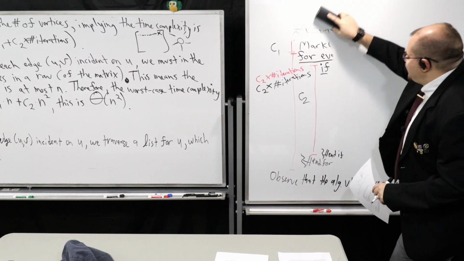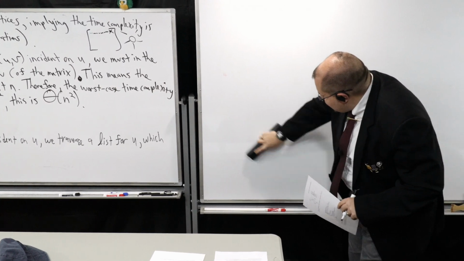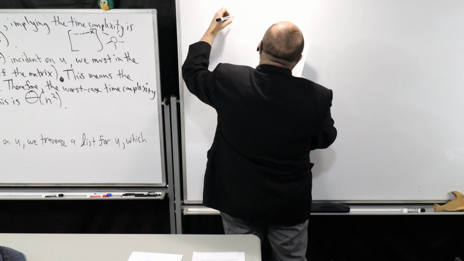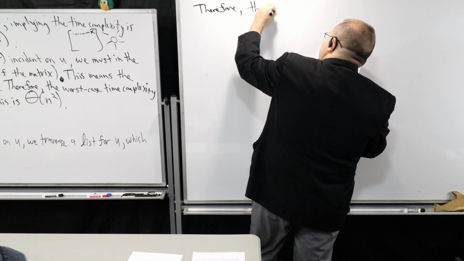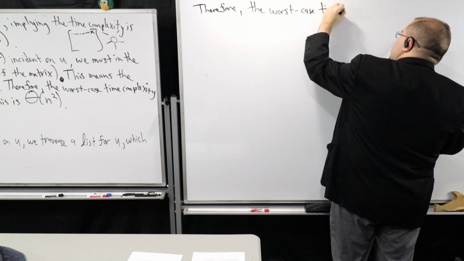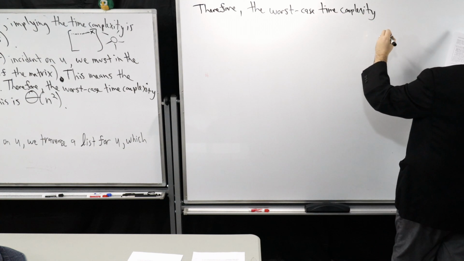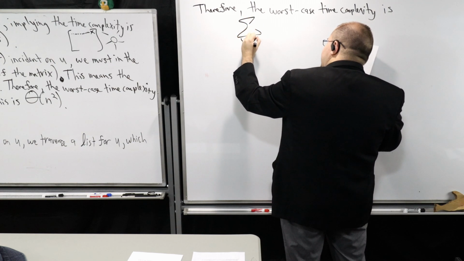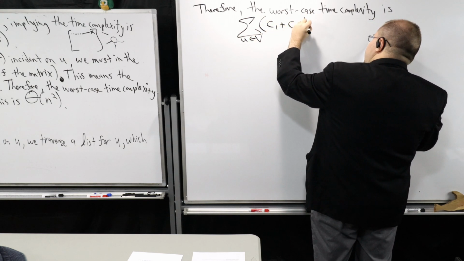Therefore, the worst case time complexity is the sum, for each one of the vertices, u in V, of C1 plus C2 times the degree of u.